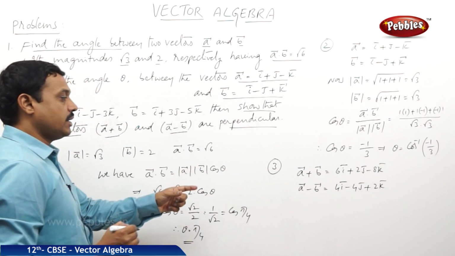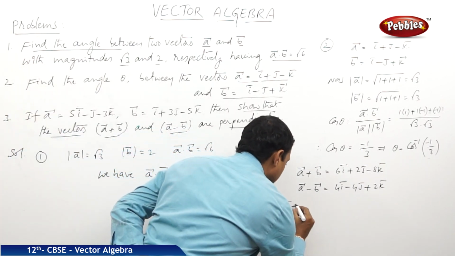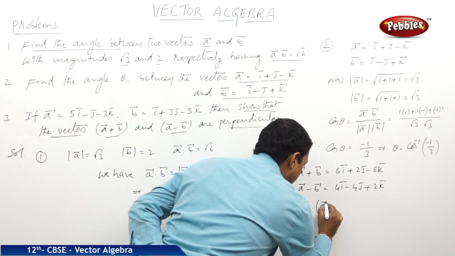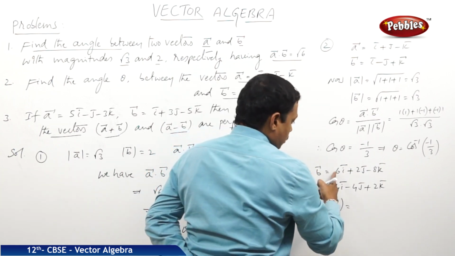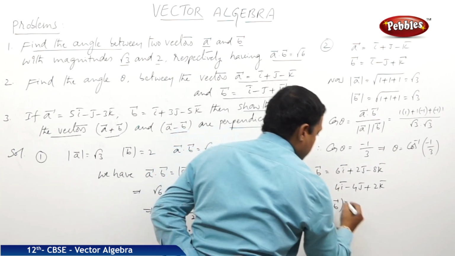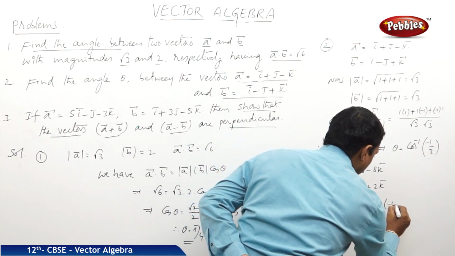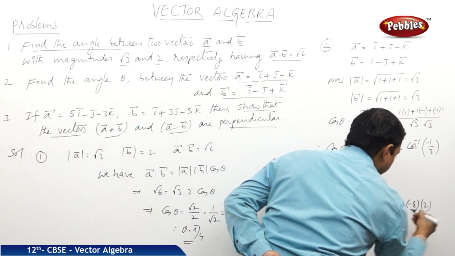Now, two vectors a plus b and a minus b are defined. Now, let us see the dot product. A bar plus b bar dot a bar minus b bar. So, the dot product is 6 into 4 plus 2 into minus 4 plus minus 8 into 2.